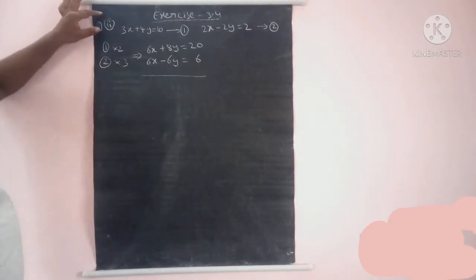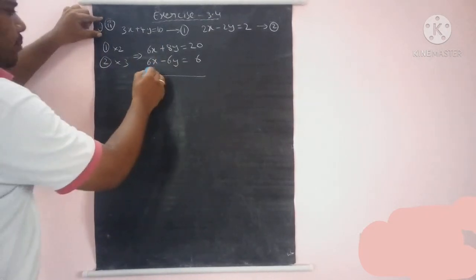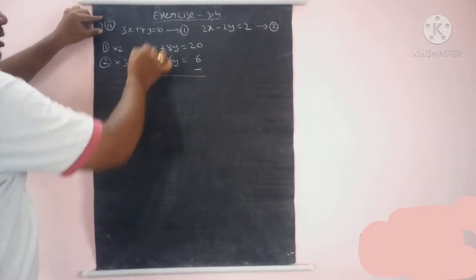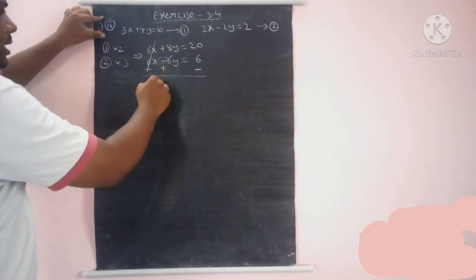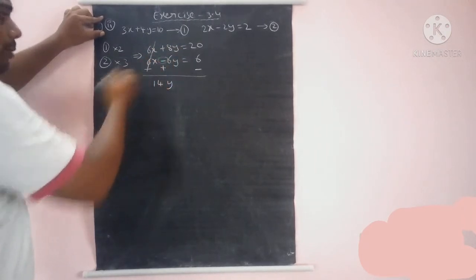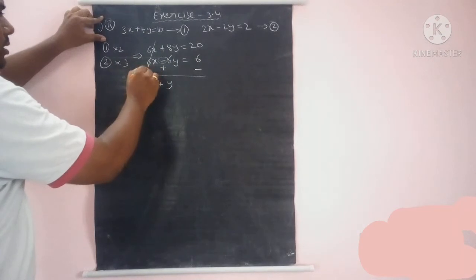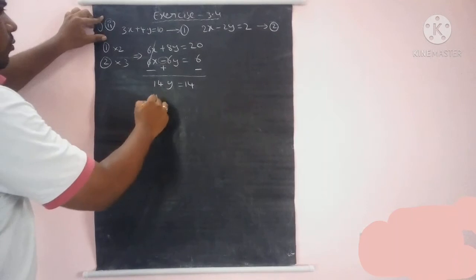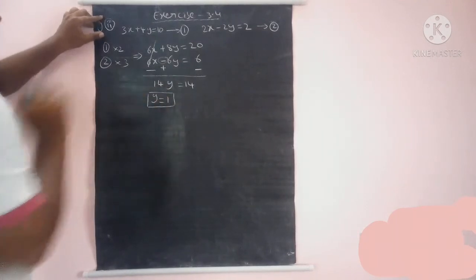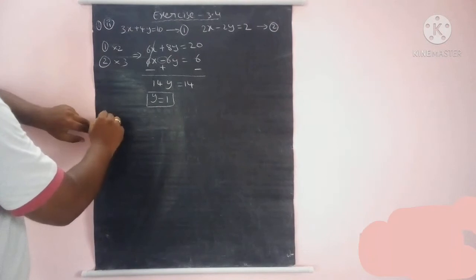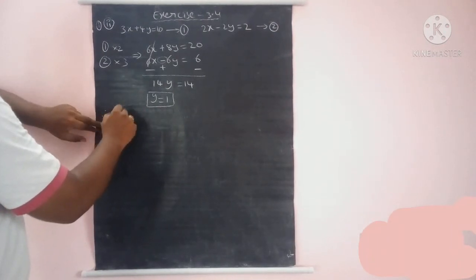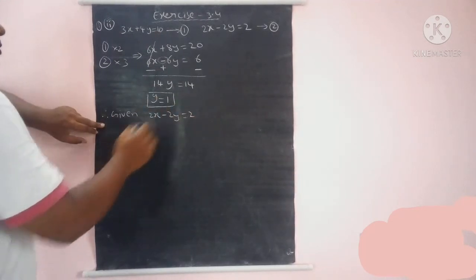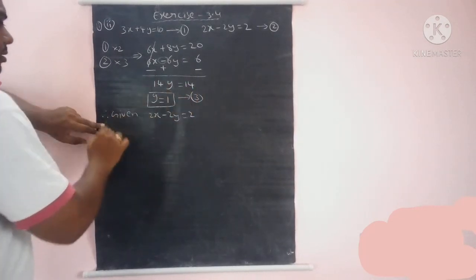Since 6x and 6x both have the same symbols, if we subtract, the symbol should change. Then this will eliminate. 8 plus 6, 14y, because this minus should not be considered, you should change the symbols. 20 minus 6, 14. So y equals 1. Given 2x minus 2y equals 2, suppose it is 3.